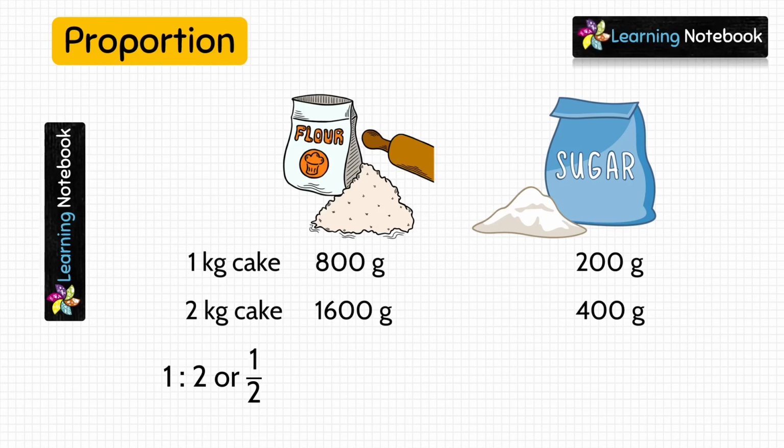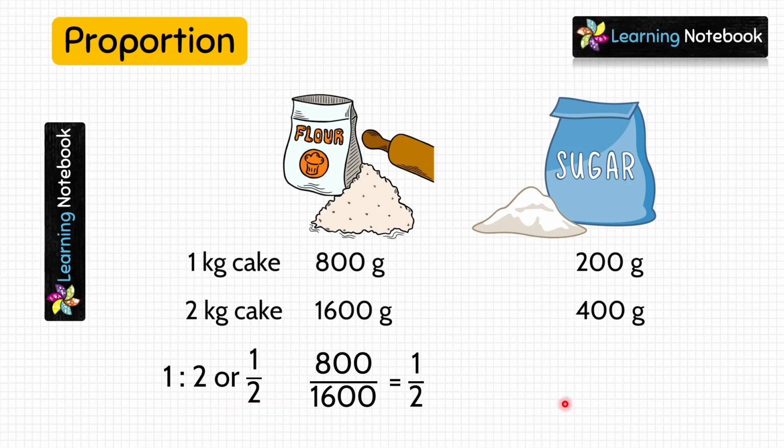So let's first find the ratio of flour. It is 800 by 1600, which equals 1 by 2 after being simplified, and 1 by 2 is equal to the ratio of cake being made.